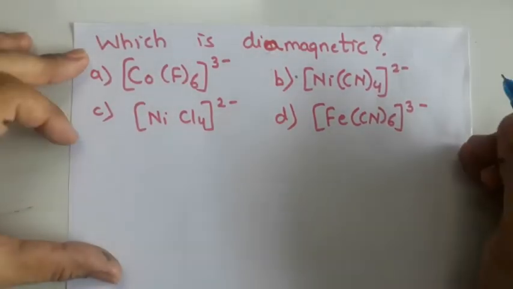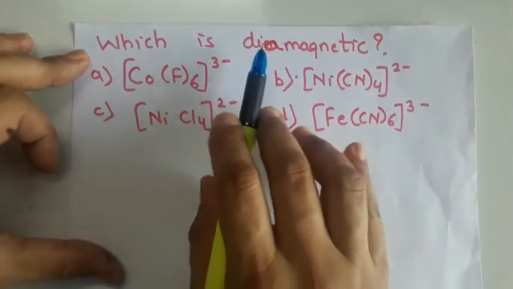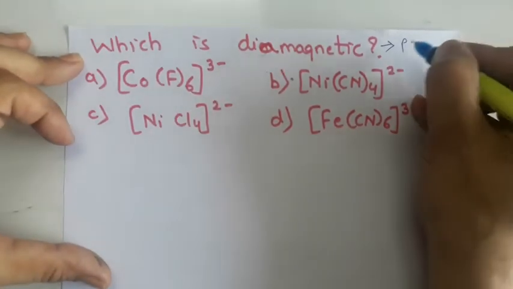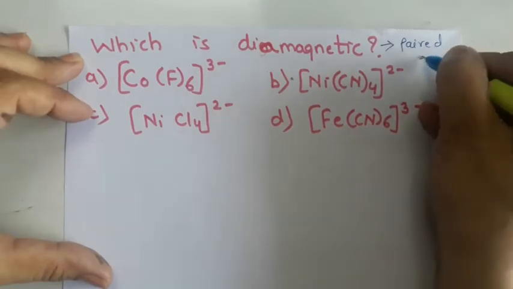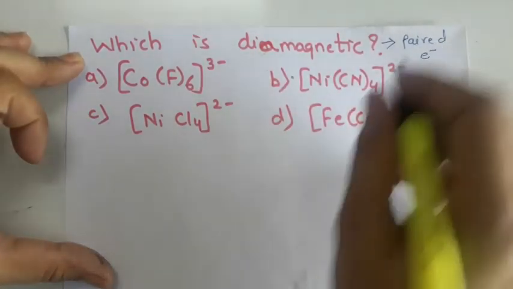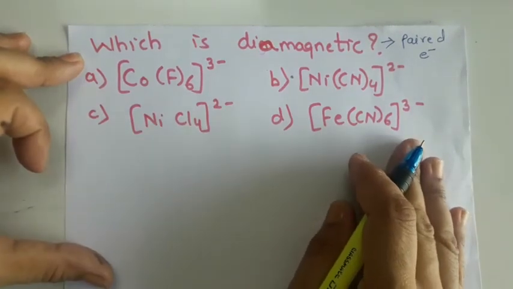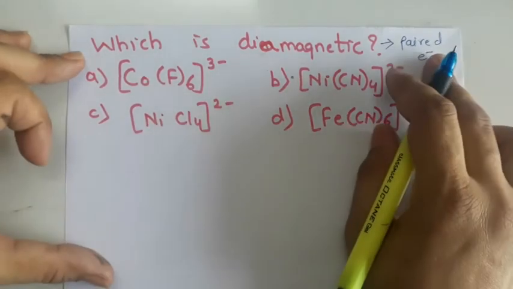Here we have a question based on the same concept, that is, which is diamagnetic. Now diamagnetic means where all the electrons are paired. So again, first we will have to find out the hybridization, and from that we would be able to make out which is the example wherein we have paired electrons.